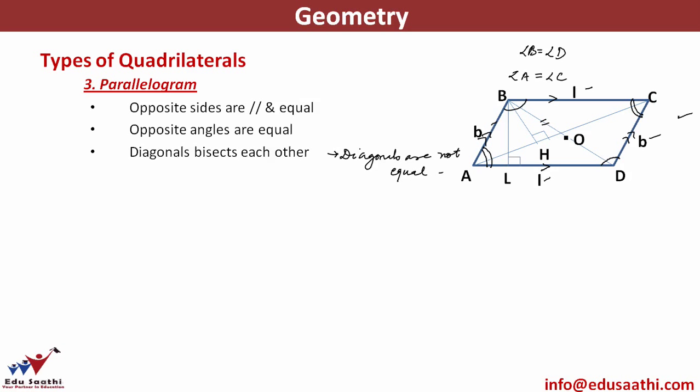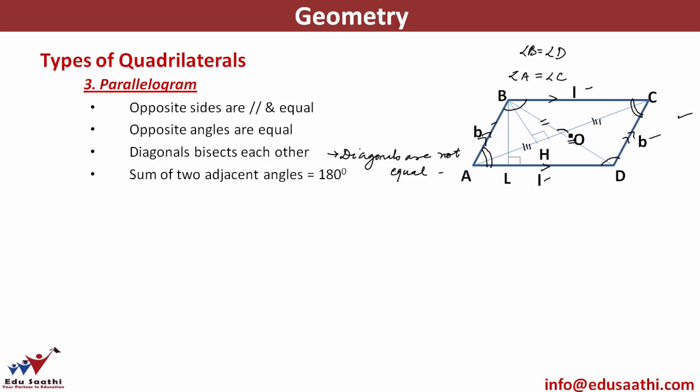So AO will be equal to OC, but BO will not be equal to OC. Diagonals bisect each other but are not equal, and do not bisect at 90 degrees.